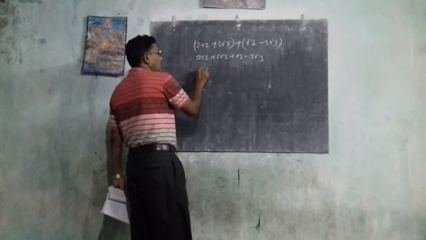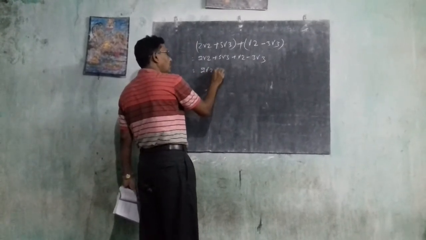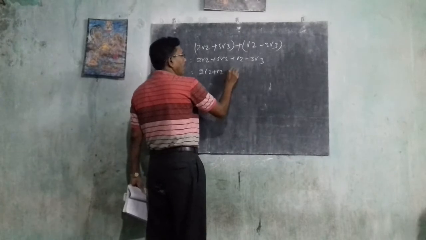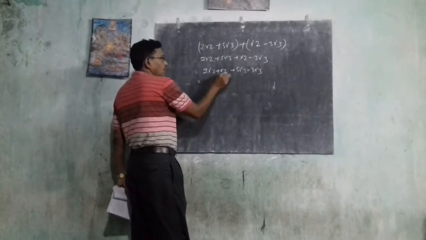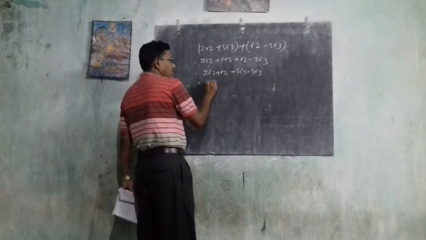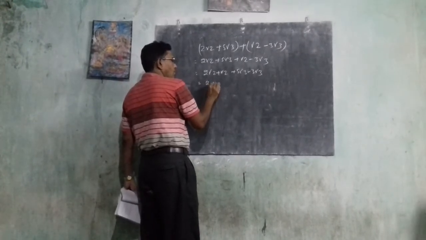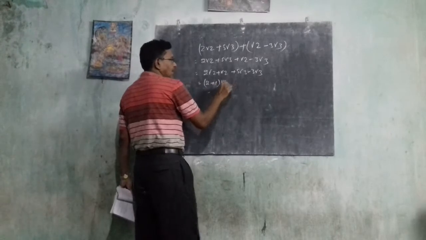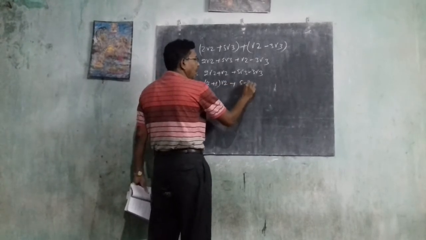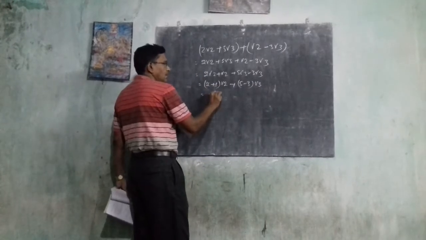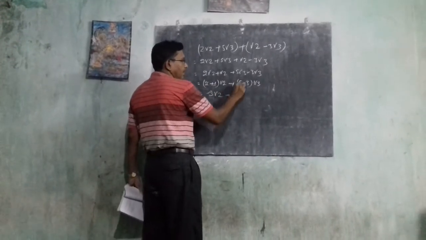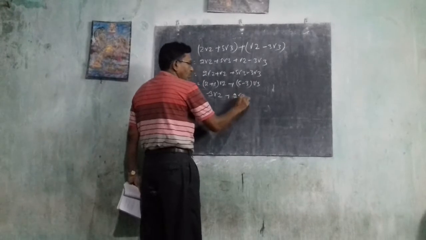Then combine like terms: 2 root 2 plus root 2, and 5 root 3 minus 3 root 3. Root 2 is common, 2 plus 1; root 3 is common, 5 minus 3. So it is 3 root 2 plus 2 root 3.